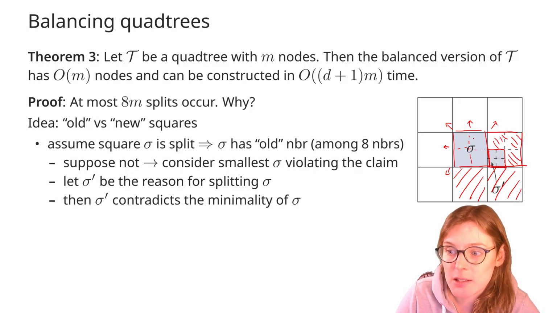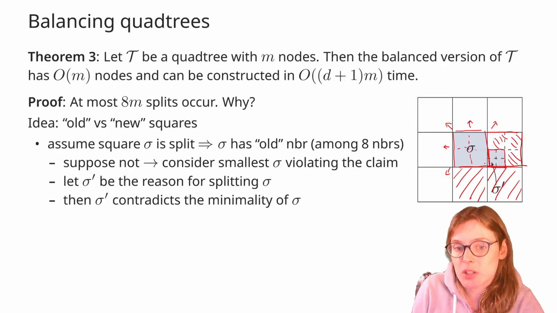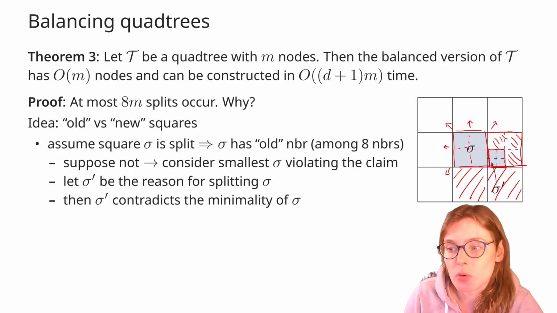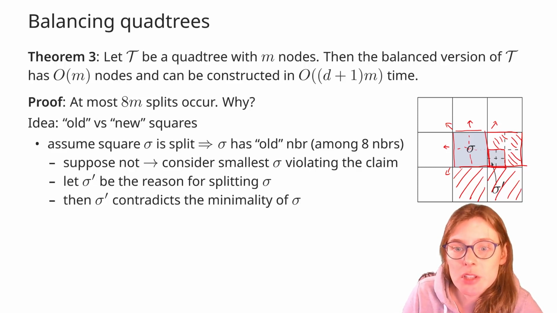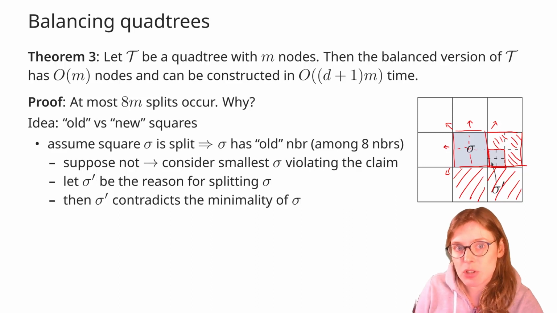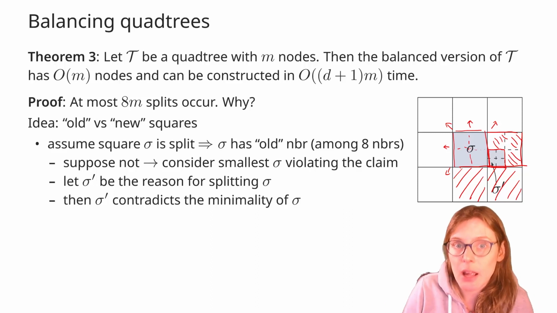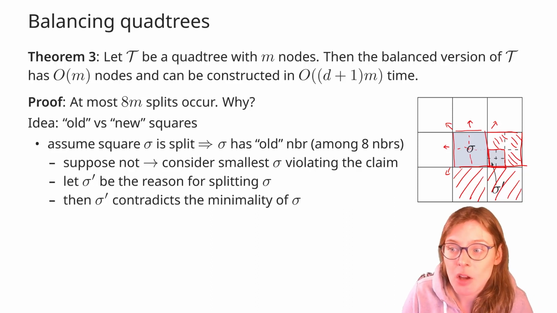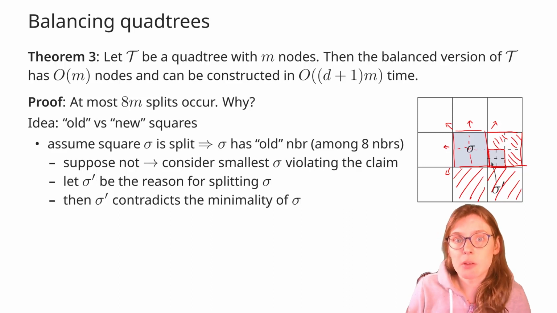That means that sigma cannot be the smallest square with all neighbors being new. There is an even smaller square sigma prime that has all its neighbors new. Thus, our assumption is not correct, and if any square gets split, one of its neighbors must remain old.